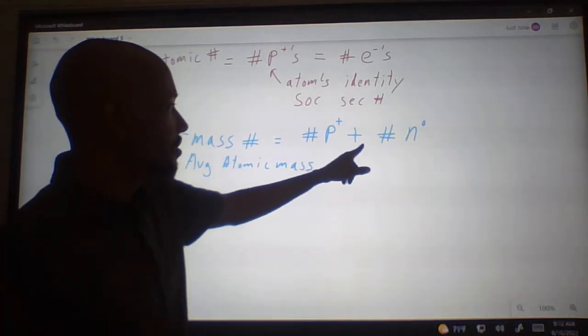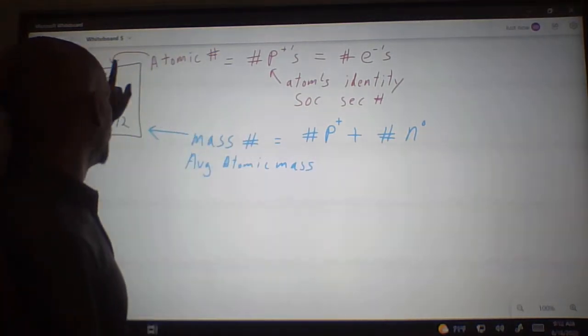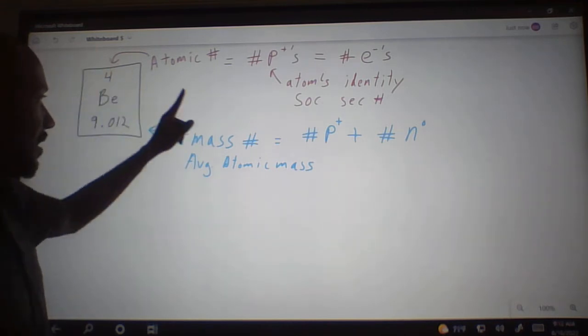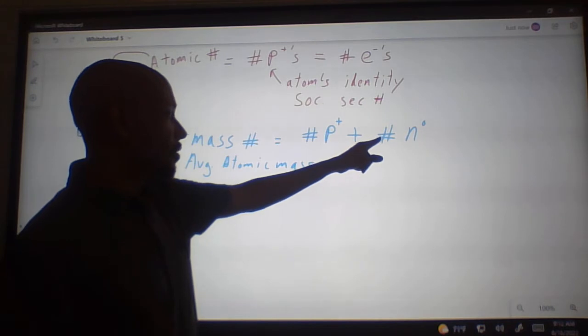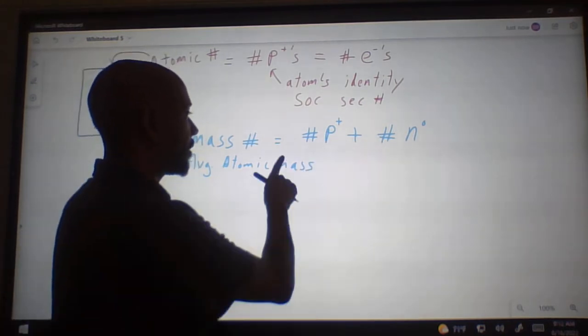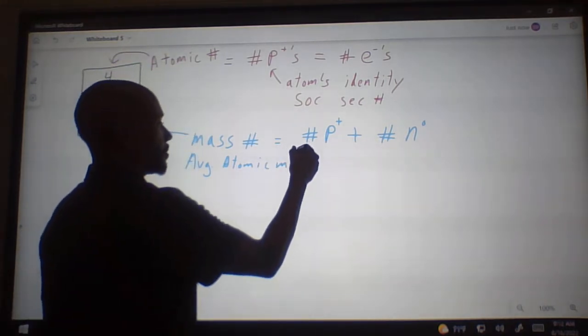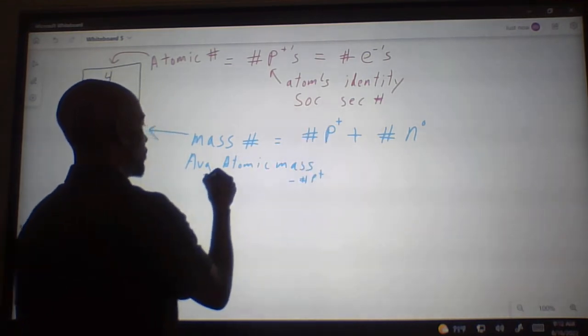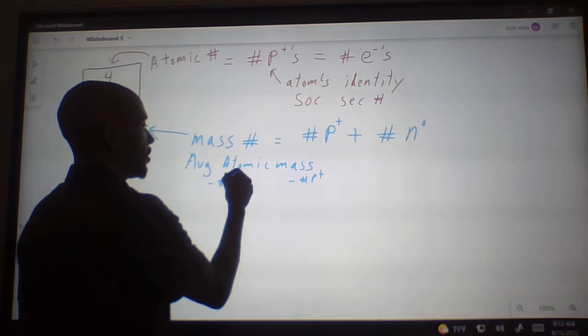So from here, this is just mathematics. I use this top number to find the electrons, the protons, and then now I can use this to find the number of neutrons. So if we did a little bit of math, let's subtract both sides by number of protons. Also subtract number of protons over here.